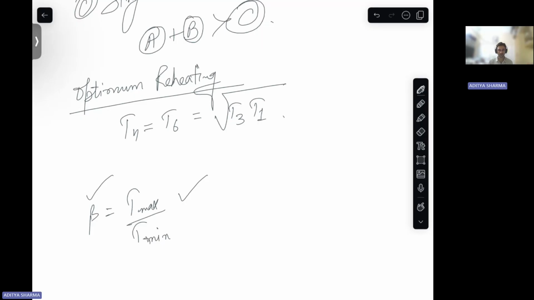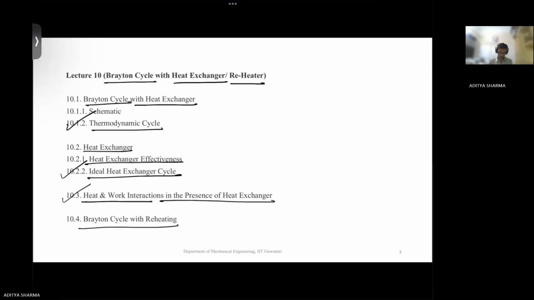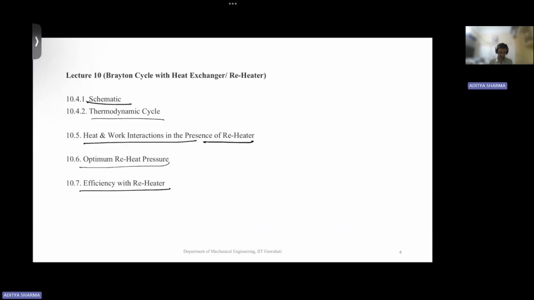So these things have been discussed in your lecture. But before that, we will look at the questions first, and at the end of the session, if we have time, we can devote that to discussion on these graphs related to beta. Okay, so I have discussed topics that are there in lecture 10.